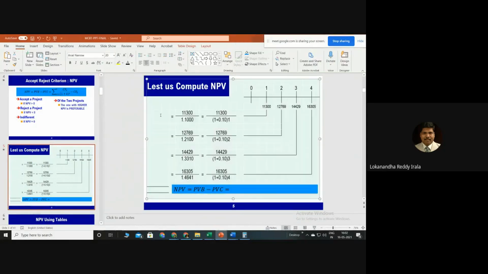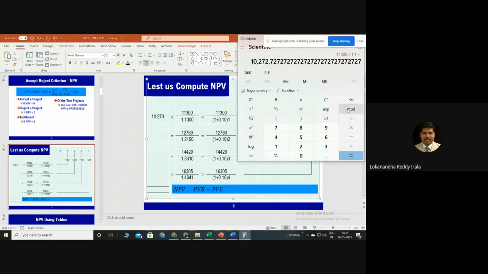So this is 10,273. Then you have 12,769 divided by 1.2100. It is 10,552.89. So let us take it as 10,553.